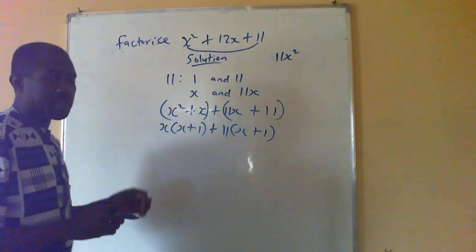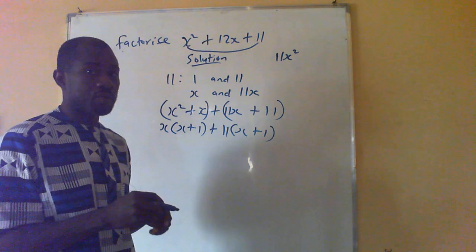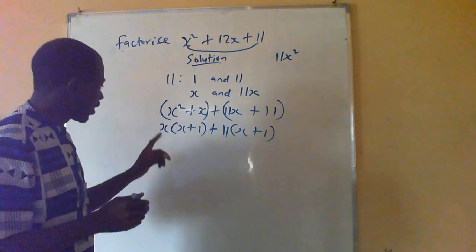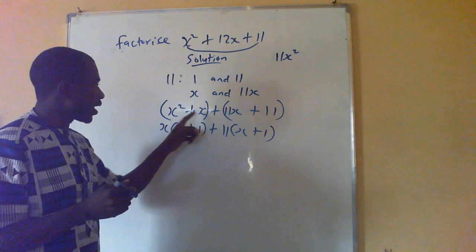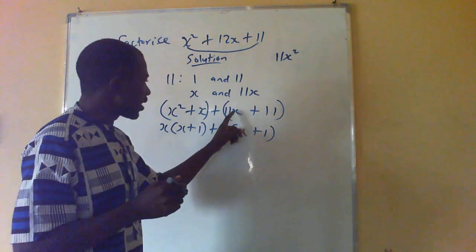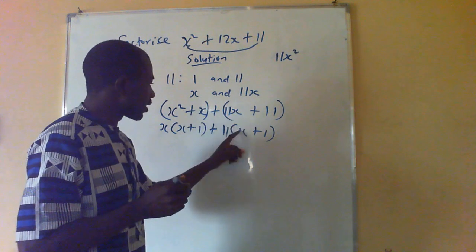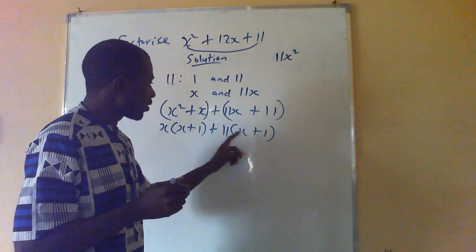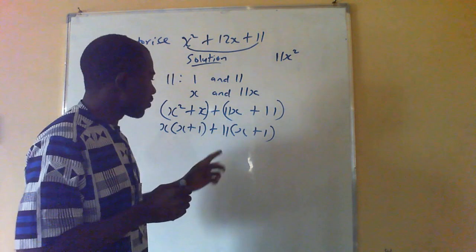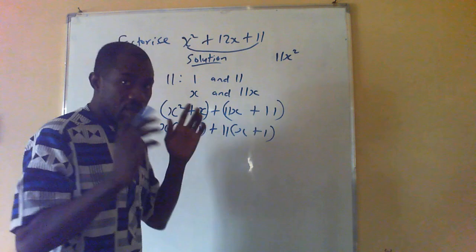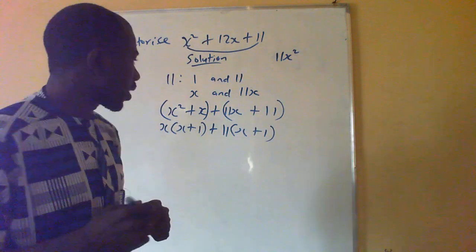If you want to check whether they are correct: x times x, you get x squared. x times 1, you get x. 11 times x, you get 11x. 11 times 1, you get 11. It shows that when you do it, they are correct.